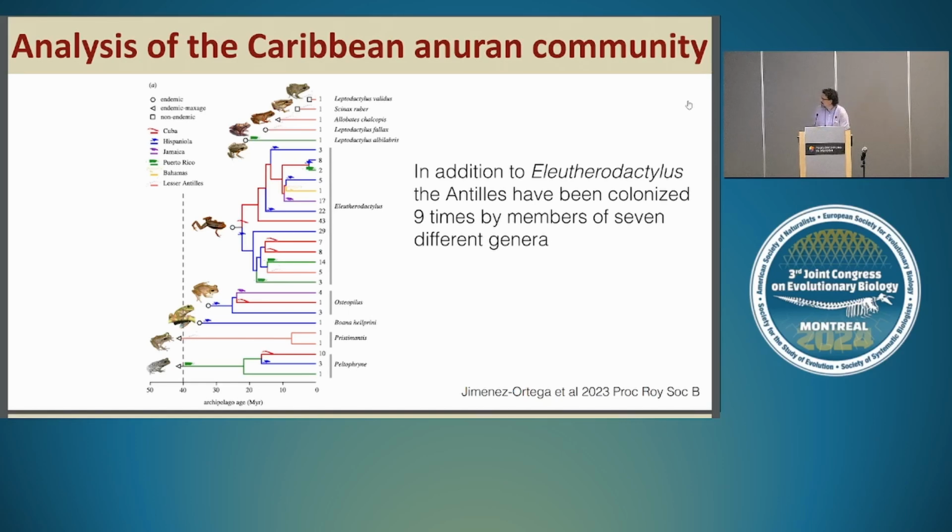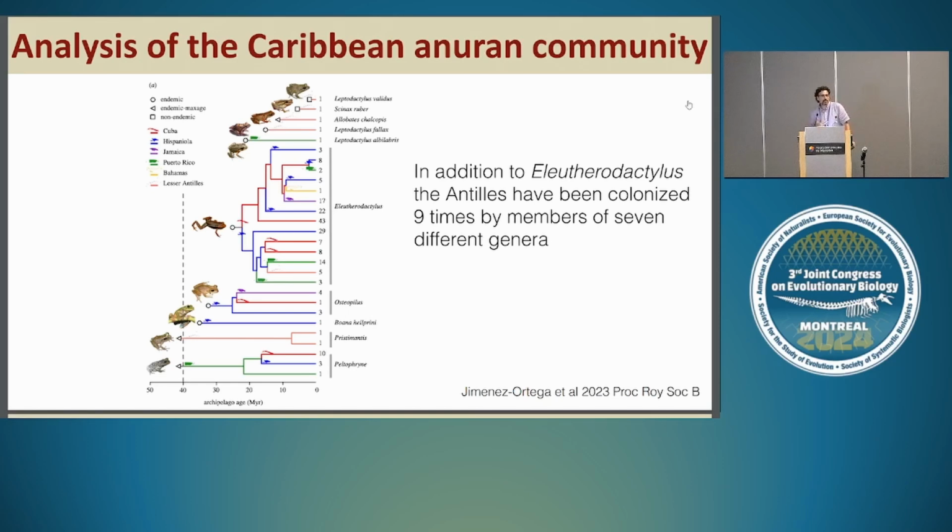And with my student Dante, he was saying, but these Eleutherodactylus, they didn't invade the Caribbean by themselves. There's been 9 other genera that have invaded the Caribbean. It's not so surprising. I mean, Eleutherodactylus has a richness of over 160 species, and even those 9 genera combined get to about 30 species.